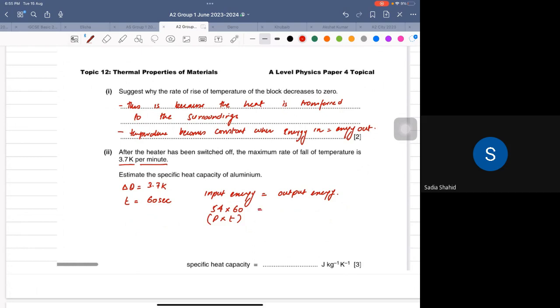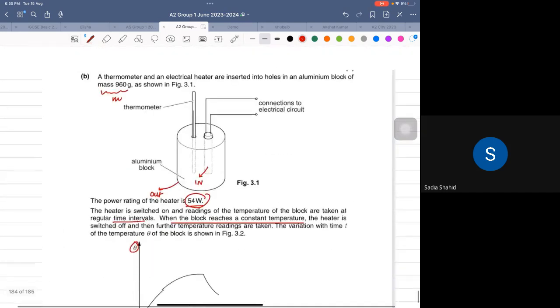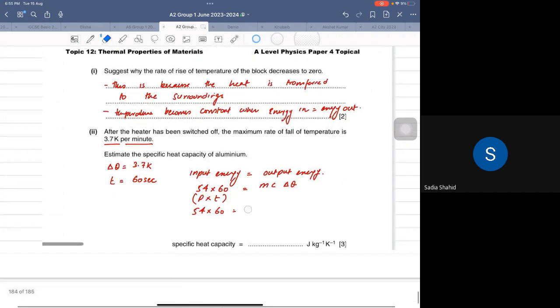Then the output energy is basically mc delta theta. So let's write the whole equation. 54 times 60. The mass was, I think, 960. I think 960. Yeah. So it's going to be 0.96.